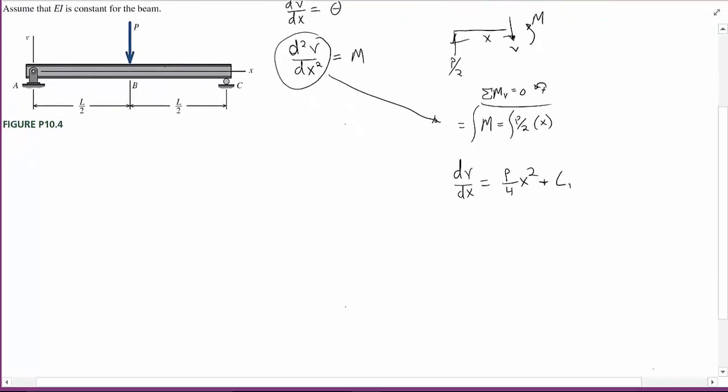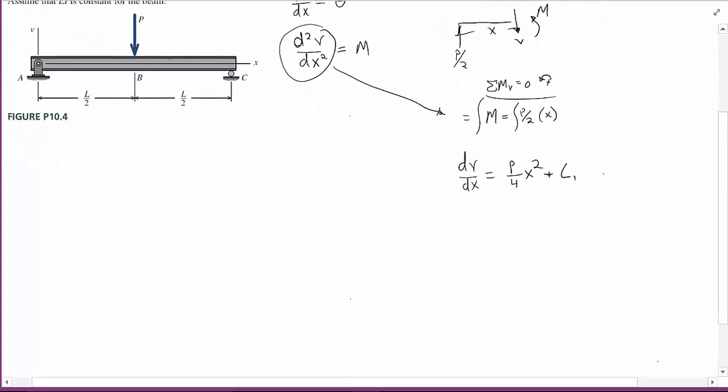And this here is our slope equation. Integrating again, we get our deflection equals P over, and x cubed, 3 multiplied by 4 is 12, so P over 12 x cubed plus c sub 1 multiplied by x plus another constant of integration, c sub 2.